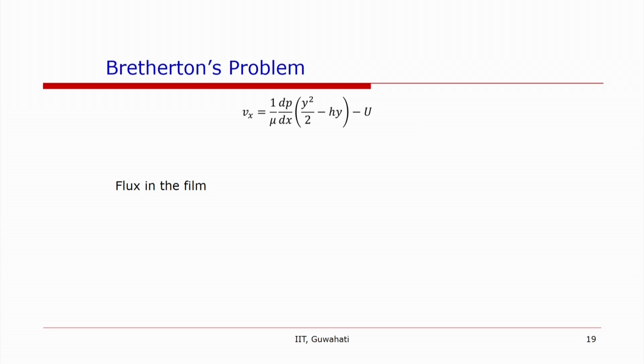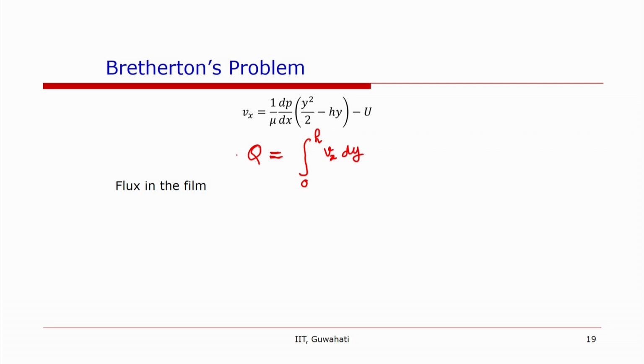Having obtained this relationship, let us now calculate the flux in the film. If we calculate the flux in the film, still in the planar coordinate system, we will get q film is equal to the integral from 0 to h of Vx dy.